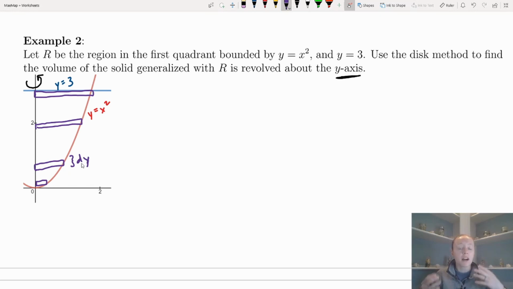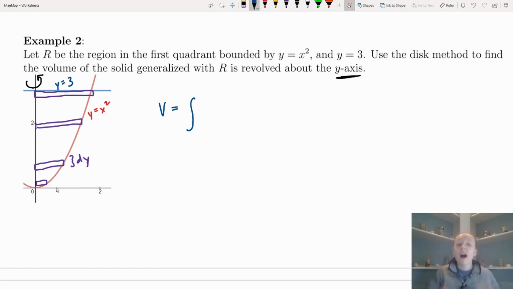The same concept still applies though. If I'm integrating with respect to y, my bounds are where I start drawing those rectangles and where I stop drawing those rectangles, going from the lowest value to the highest value. So you can see from my picture that I start drawing those rectangles at, well, again, if we're integrating with respect to y, we want things in terms of y.